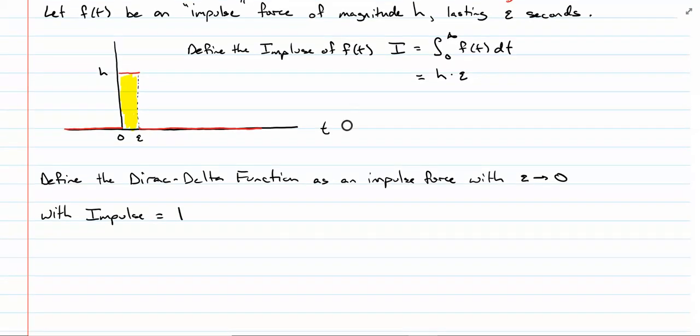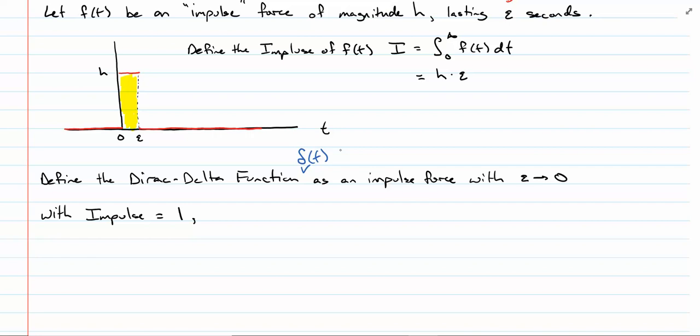For the Dirac-Delta function, we have terminology for it. We use the Greek letter delta. Delta of t is the Dirac-Delta function.